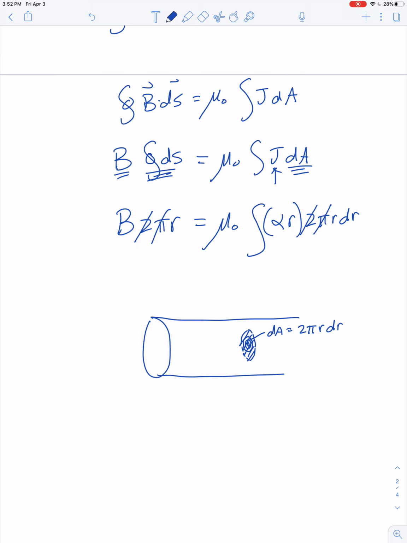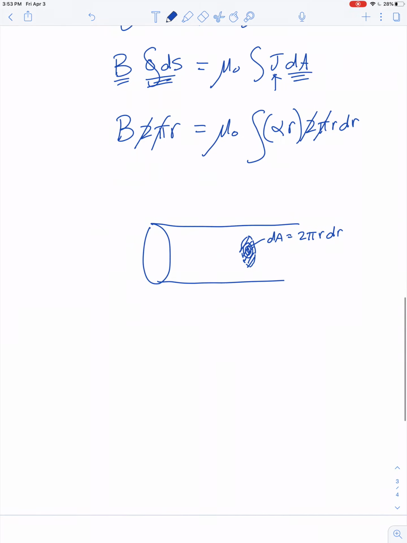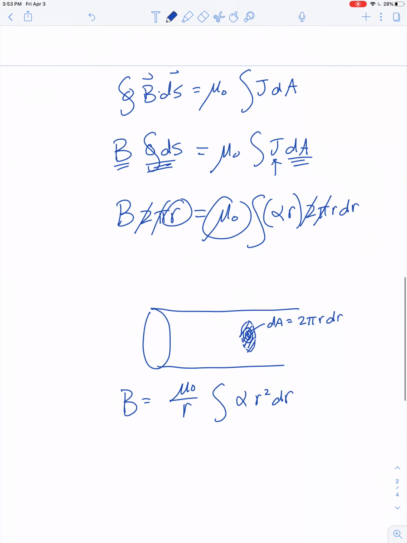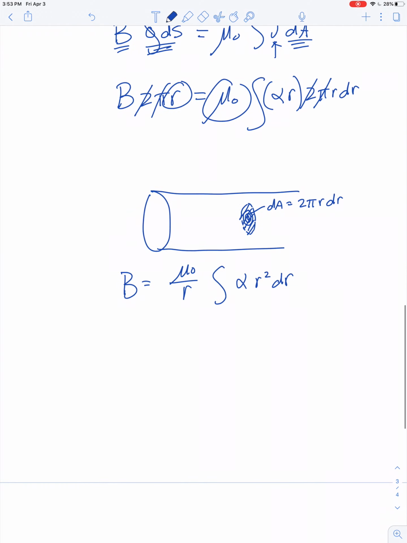The 2 pi cancels out, and we get B is equal to mu naught over r, the mu naught and the r, times the integral of alpha r squared dr. And if I want to figure out how much current is enclosed by this Amperian loop, then I need to integrate from 0 up to lowercase r.